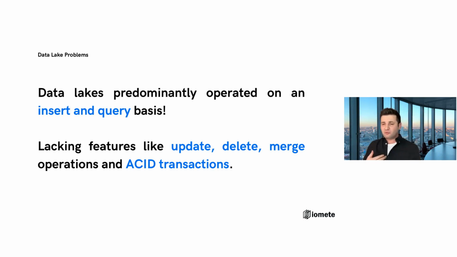It happened to me in my past companies. Some companies tried building scripting and some tooling to mimic update operations. Let's say with GDPR, you need to remove users' data within your data lake. But implementing that is very tricky because every file is immutable.